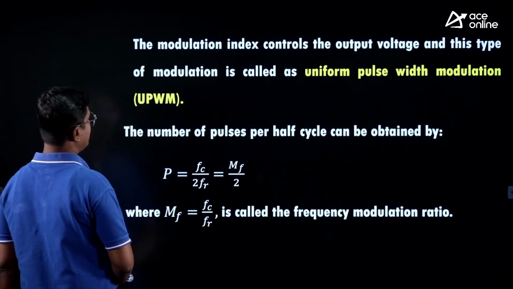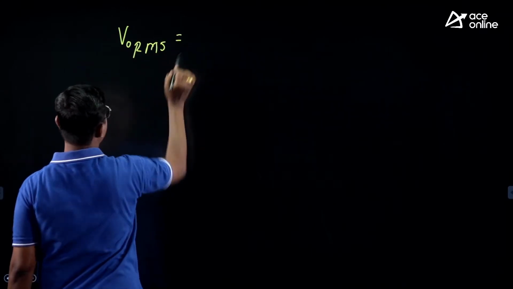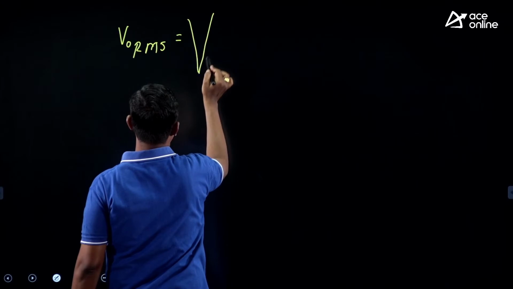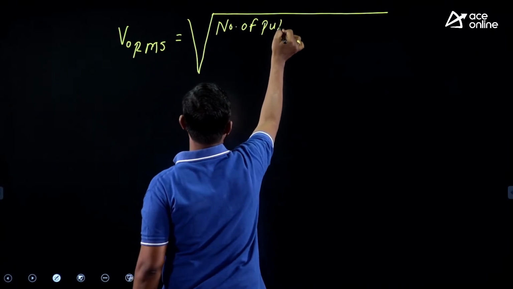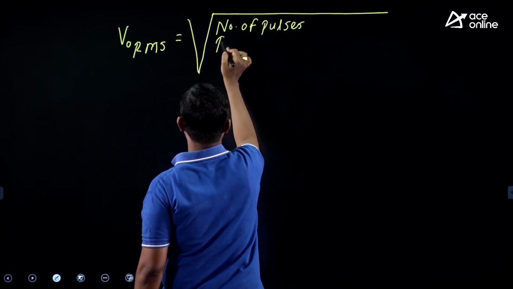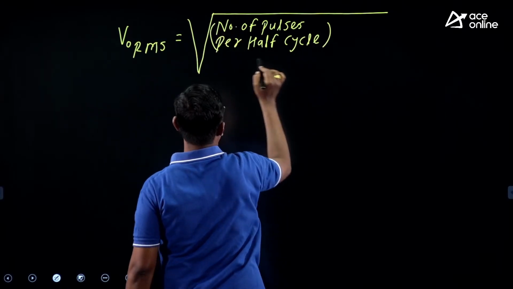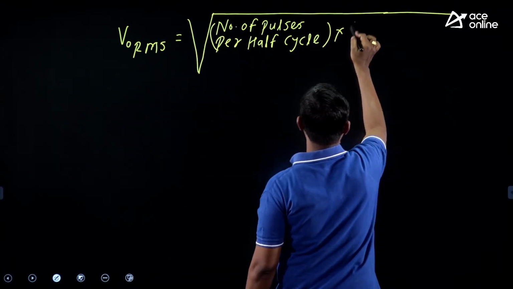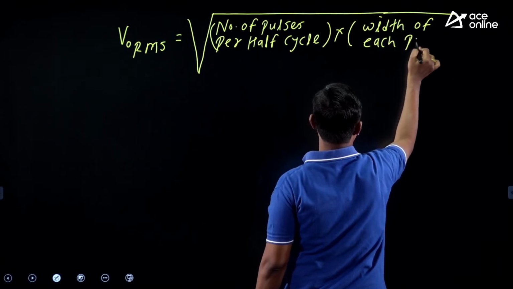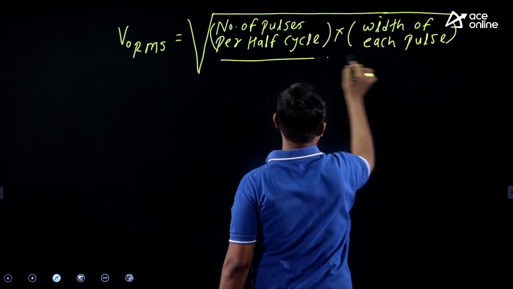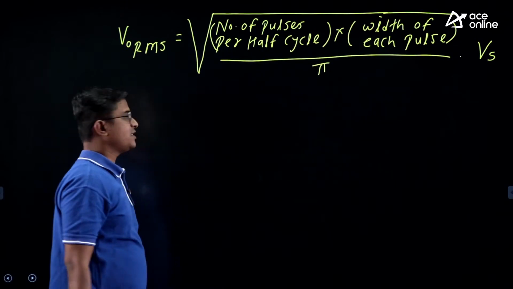Now I am writing the expression for the RMS value of output voltage. Let me write here, V0 RMS is equal to under root of number of pulses per half cycle into width of each pulse upon pi into Vs, the input voltage Vs. This is the output voltage RMS value expression.